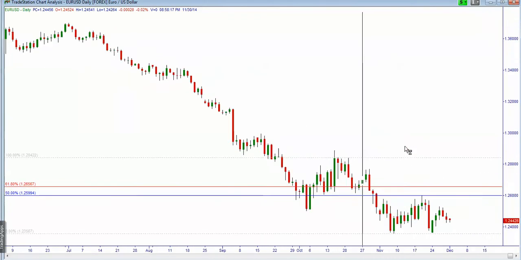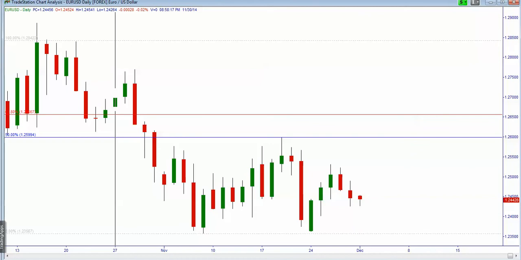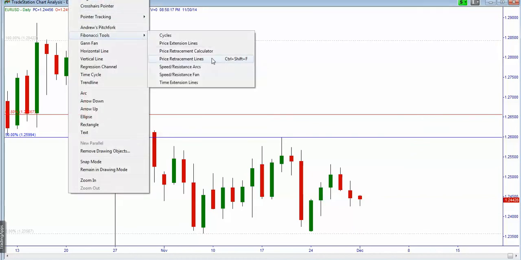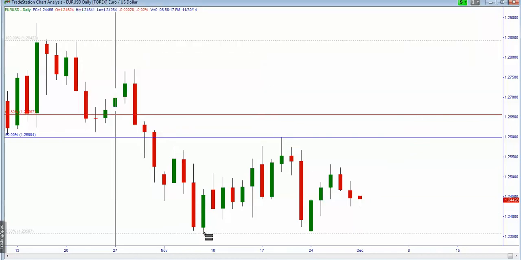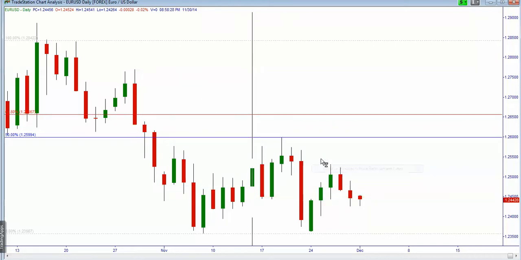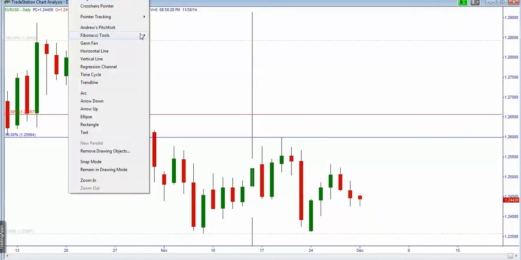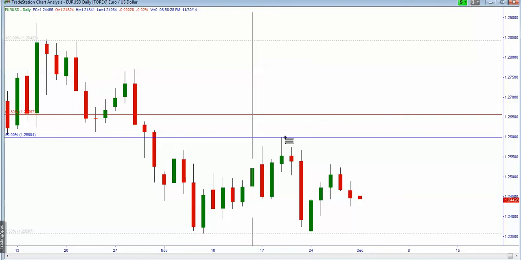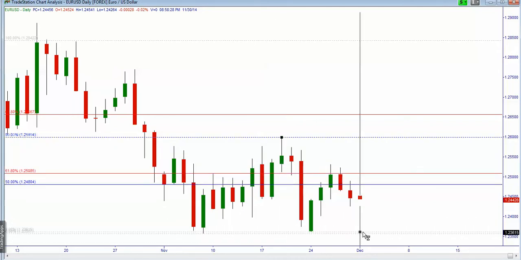Now the market at this moment is moving laterally, because we have a break of longs, and then a break of shorts, followed by a break of shorts. When that happens, it means that this market is moving laterally.